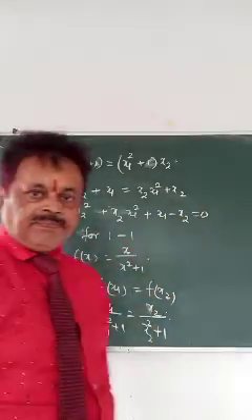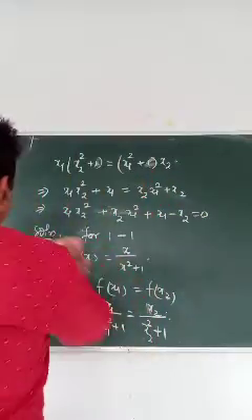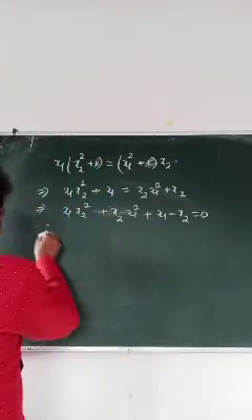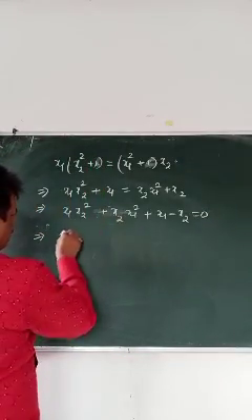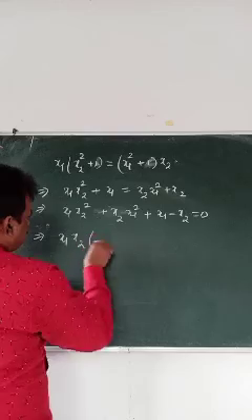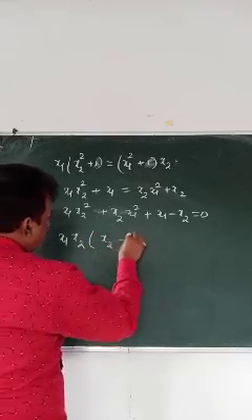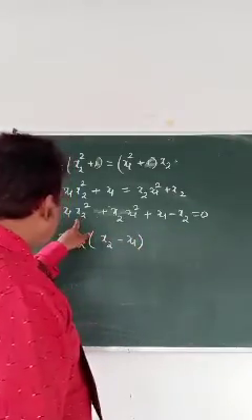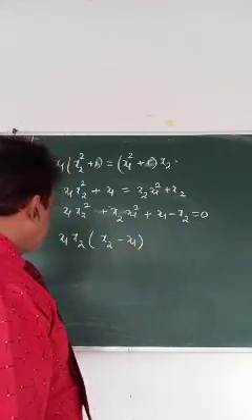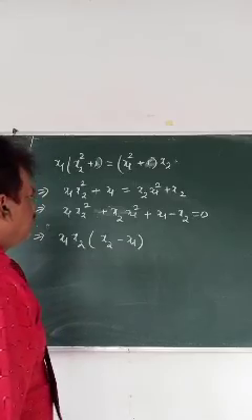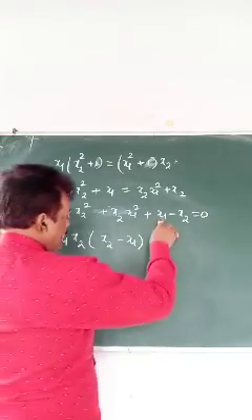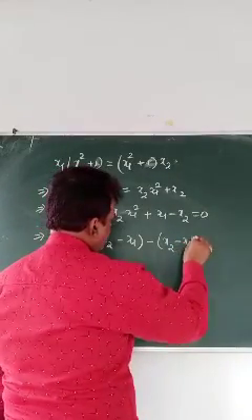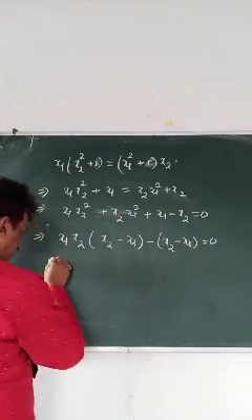Arrangement you have done. Then what you get? What is common here? x1 x2 common, x2 minus x1. If you want to make it x2 minus x1, you can take a minus common here. That is x2 minus x1 equals 0.